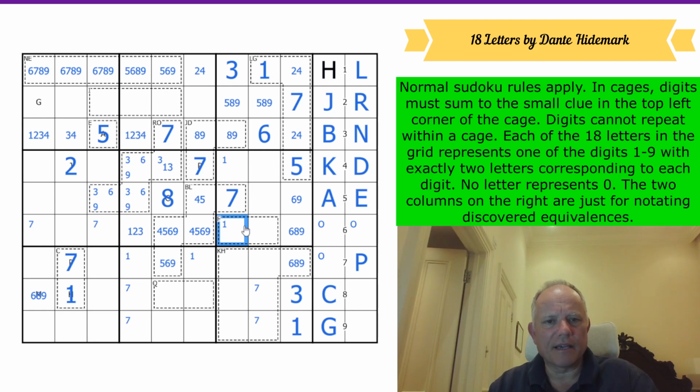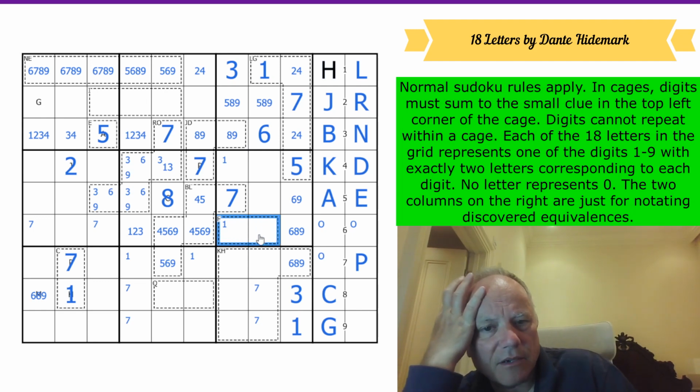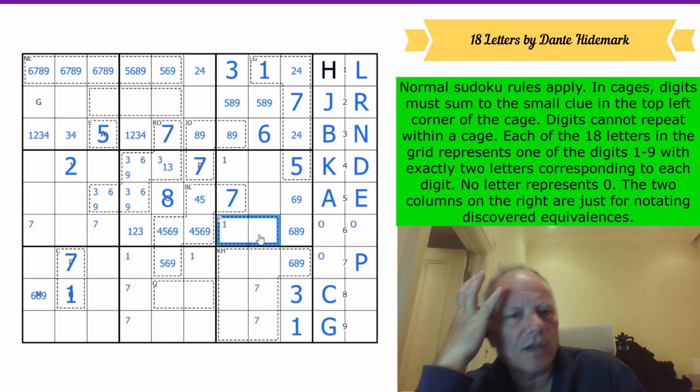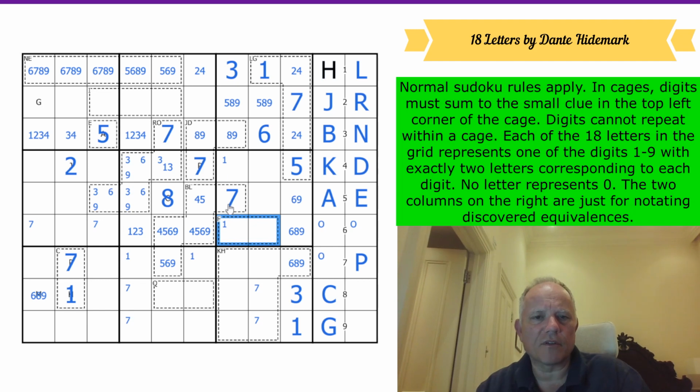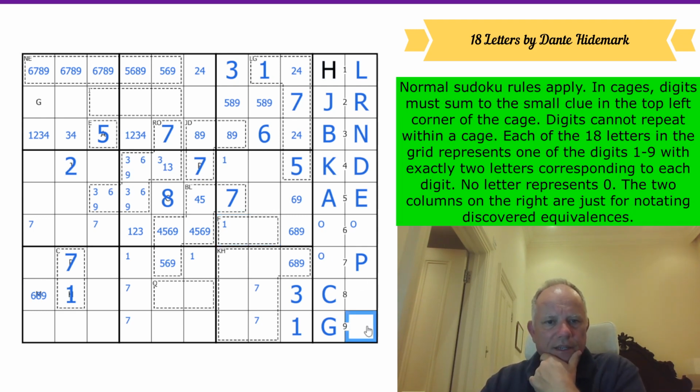Can it be here? This has to add up to 6 or more. It can't be 1, 5 or 1, 7 or 1, 6 because they're both looking at that. Could it really be 1, 8? That's the only way the 1 could be in it. If this was 1, 8, then F would be 9.